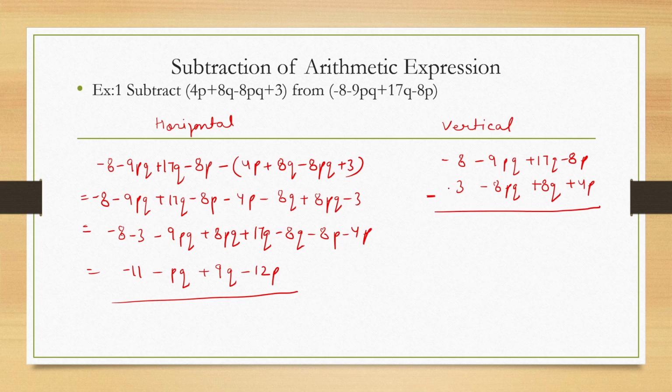So this sign is plus, so minus plus will be minus, minus minus will be plus, minus plus will be minus, and minus plus will be minus. So these are the new signs for solving this expression. So this will be minus 9pq plus 8pq will be minus pq, plus 9q, minus 12p. Okay, I hope it clears to you.